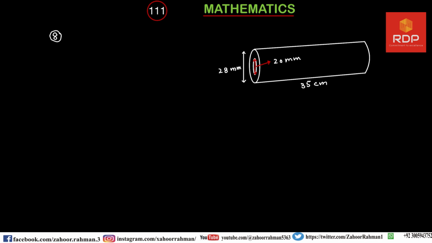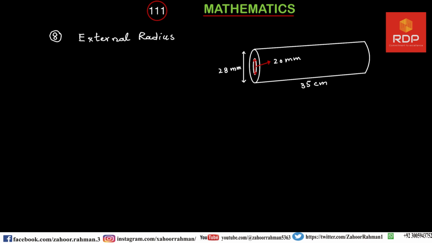First of all, we have to find the external radius, so we divide 28 by 2.